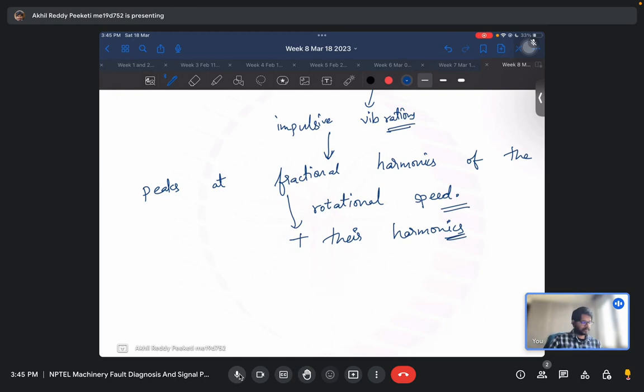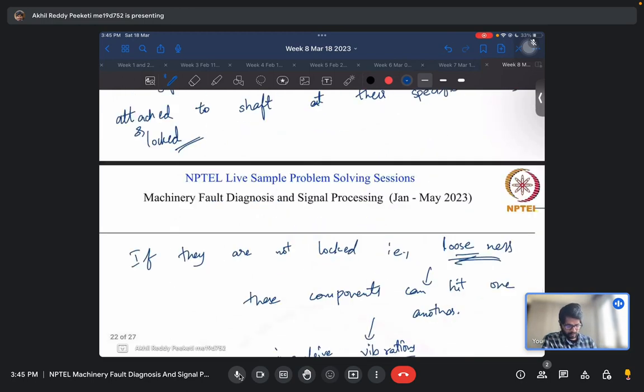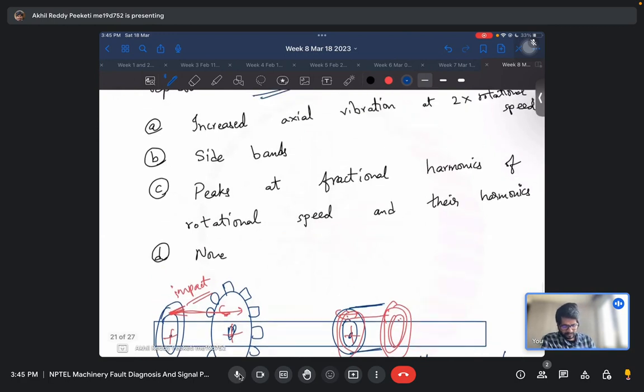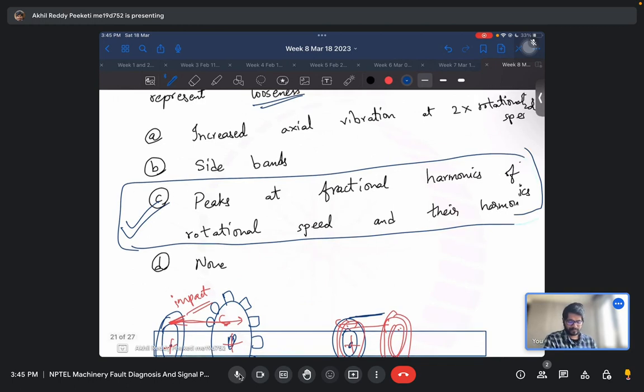So when you have looseness in the system, you will have in the frequency spectrum peaks at the fractional harmonics of rotational speed and their harmonics.